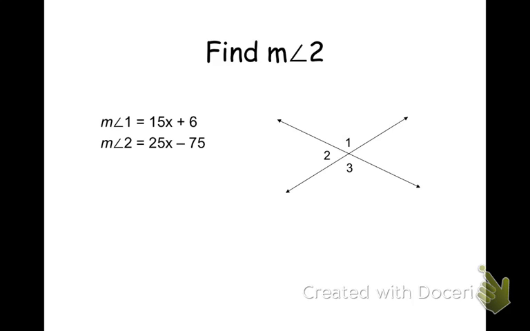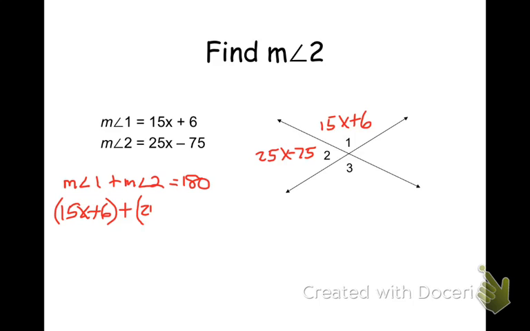One last example, find the measurement of angle 2 when we're given the measurement of angle 1 is 15x plus 6, and the measurement of angle 2 is 25x minus 75. These two angles are a linear pair, so we know that the measurement of angle 1 plus the measurement of angle 2 is going to equal 180 degrees.